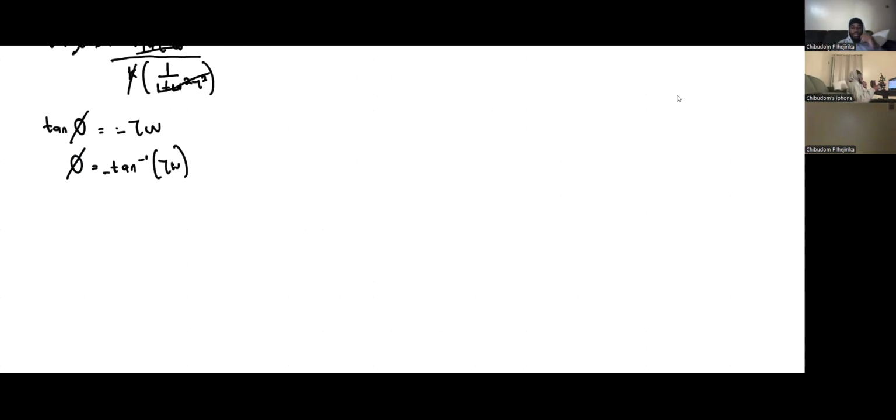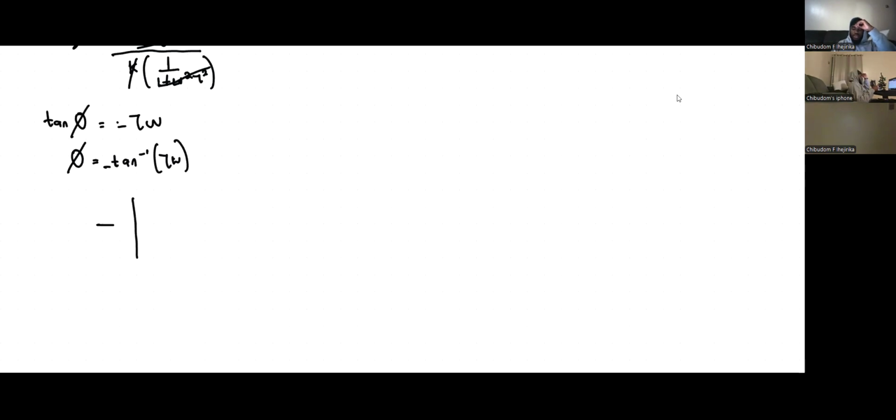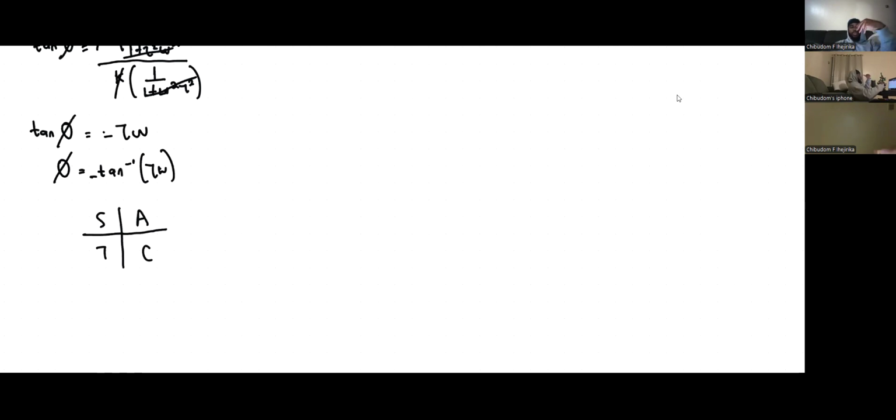One thing that my high school teacher told me was all science teachers are crazy. So in this quadrant, all of them are positive. In this quadrant, only sine is positive. This quadrant, tan is going to be positive. This quadrant, cosine is going to be the main thing. So we know this is going to be negative. This is going to be the positive side of x, this is going to be the negative side of x, positive side of y, negative side of y.